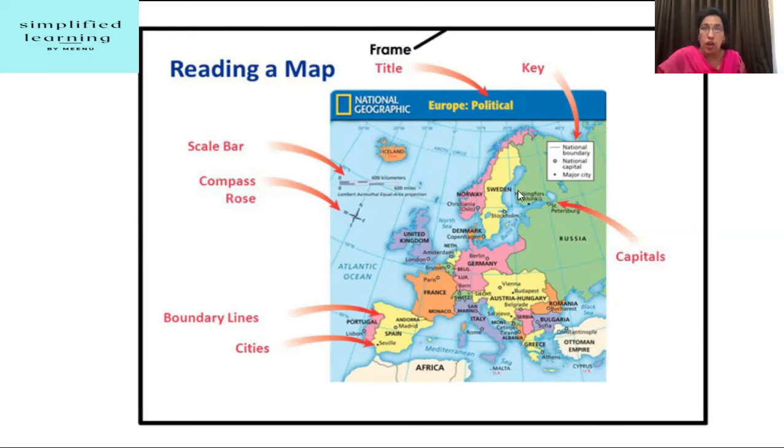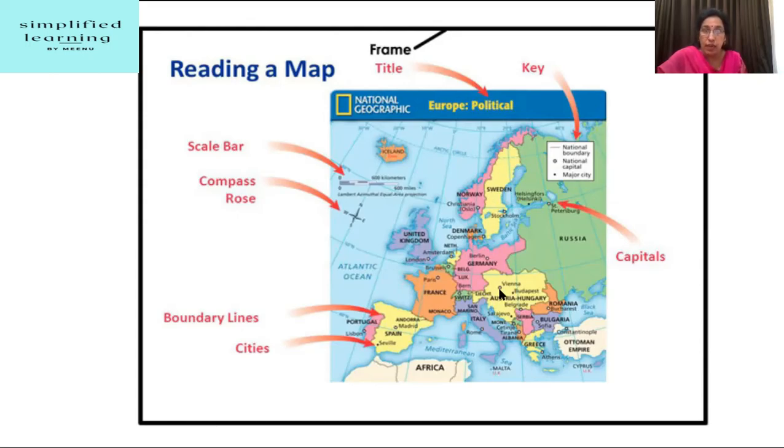Okay, we are shown different political divisions, that is national boundaries with national capitals and the major cities. Clear? So these are the symbols for them. Now this line, the national boundary, shows how one country gets separated from the other country with the help of a boundary.